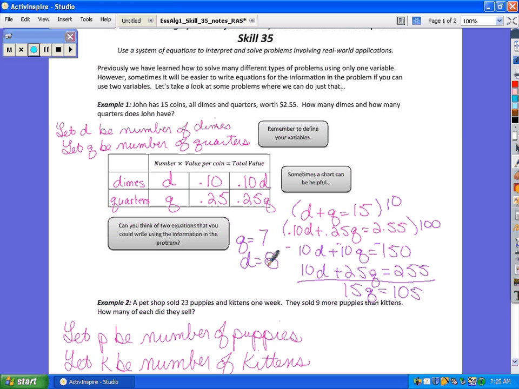And if I do 10 times 8 for dimes to get 80, and add to it 7 times 0.25 for my quarters, I do get $2.55. So that's the correct answer. And always a complete sentence. There are 7 quarters and 8 dimes.